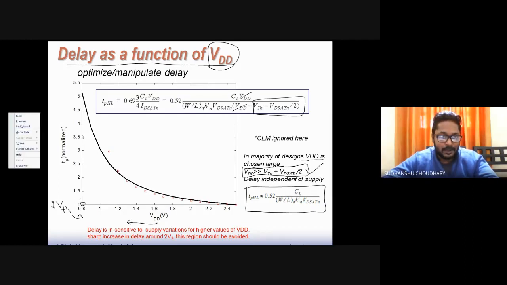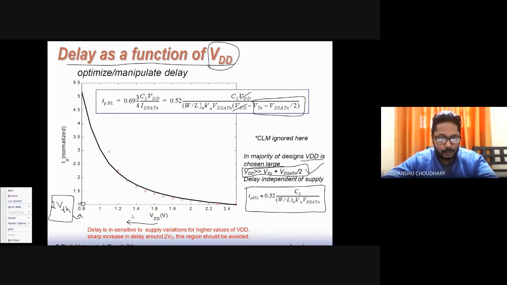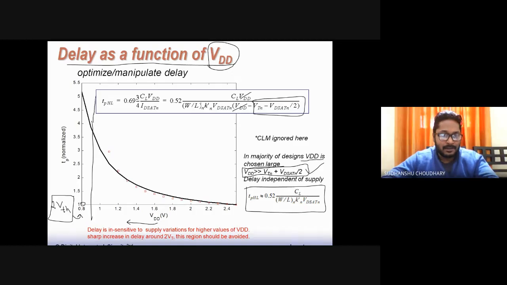The delay increment is very sharp as VDD is scaled down and reaches around this 2 VTH value. So this gives us another guideline: never try to reduce VDD below or around 2 VTH. Do not keep it in this range, otherwise the delay will start increasing.